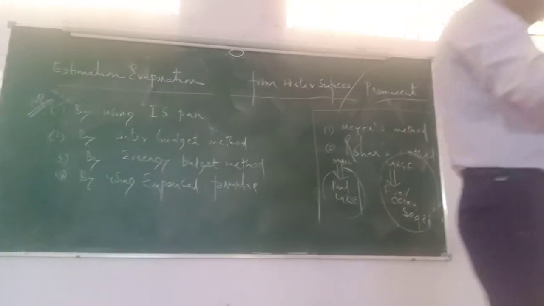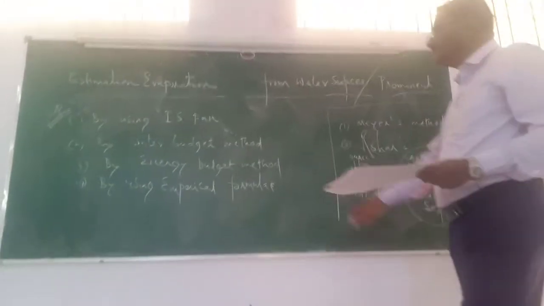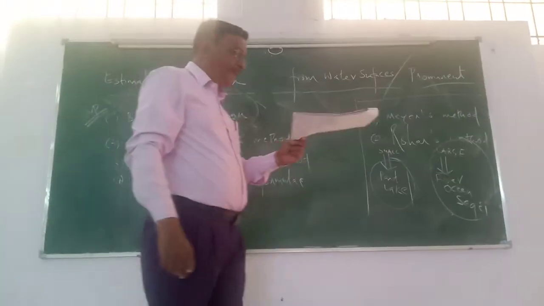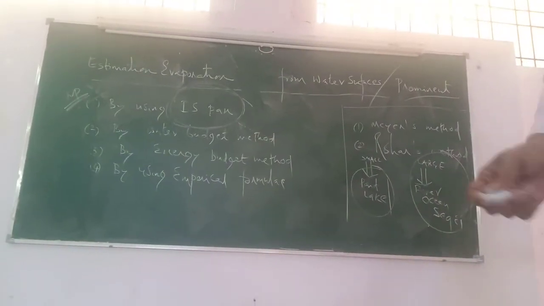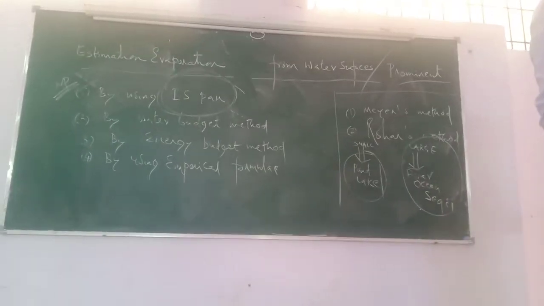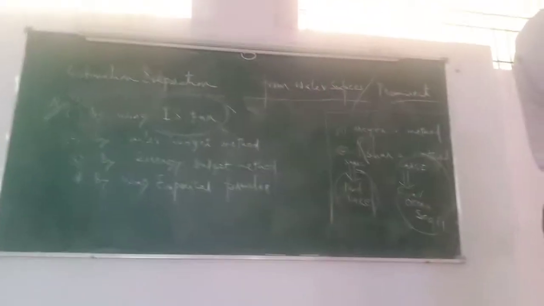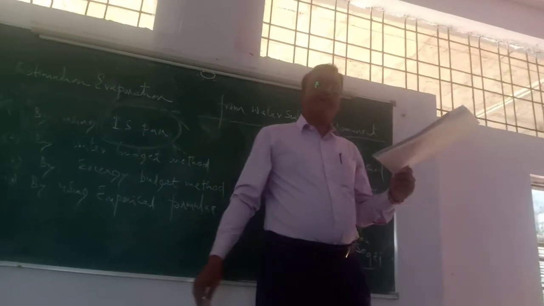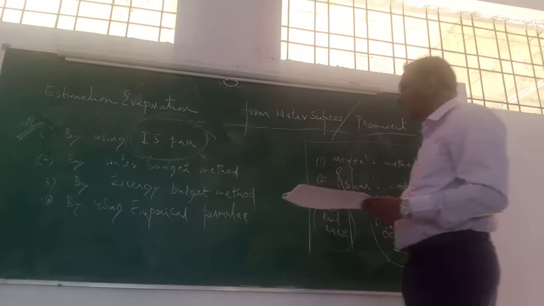Right now, number one, measurement using evaporation pans. I think I have written it there. I have written IS pans, it's called the IS pan, Indian Standard Pan. Number two, use of empirical equations, that one I have done last.